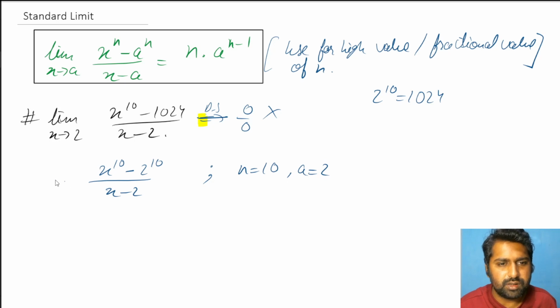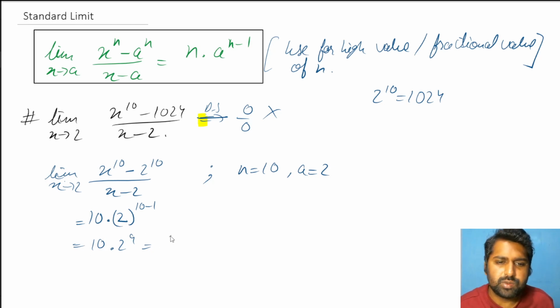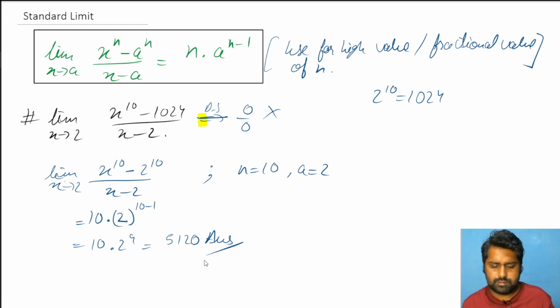So use the formula. X tends to 2. Formula is n, so 10, then a, that is 2 raised to power n minus 1, means 10 minus 1. So that is 10 into 2 raised to power 9. 2 raised to power 9 is 512. So 5120 is the answer. Okay.